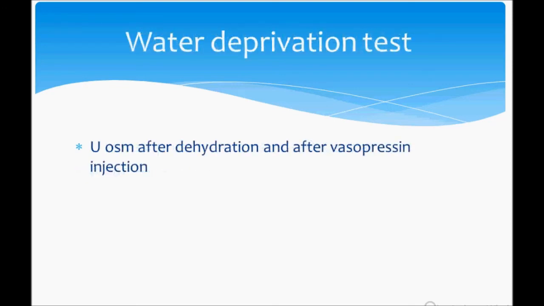Okay, so what is the water deprivation test? This is frequently asked in the examination. What we do here is we compare the urine osmolality after dehydrating the patient versus urine osmolality after vasopressin. In a normal person like me and you, the response to fluid restriction is to increase the urine osmolality and decrease the urine volume, right?